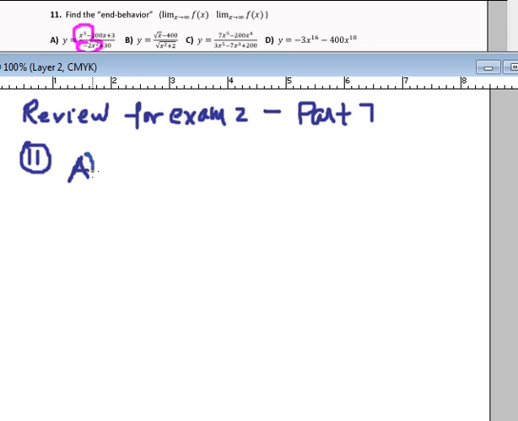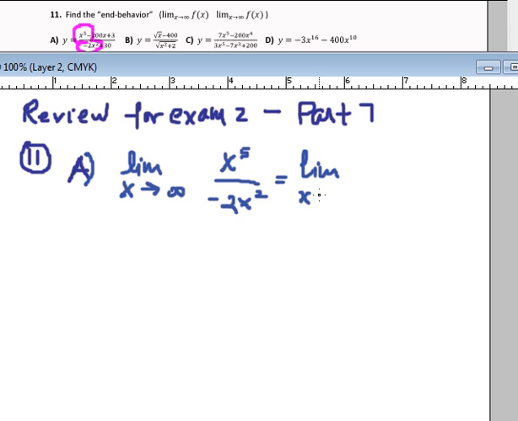We'll take the limit as x goes to infinity of x to the fifth divided by minus 2x squared, and just reduce that. Reduce it, and that's the limit as x goes to infinity of x cubed over minus 2.